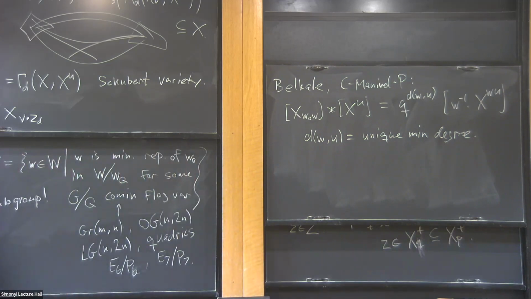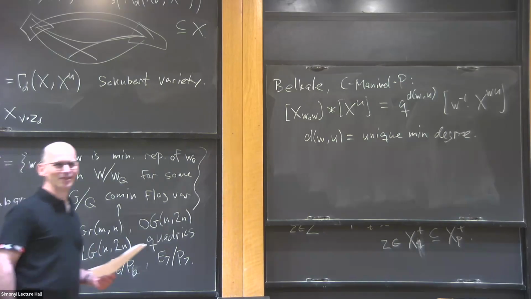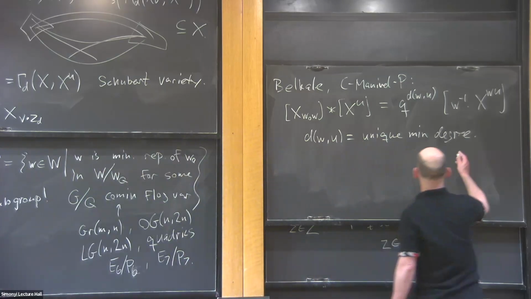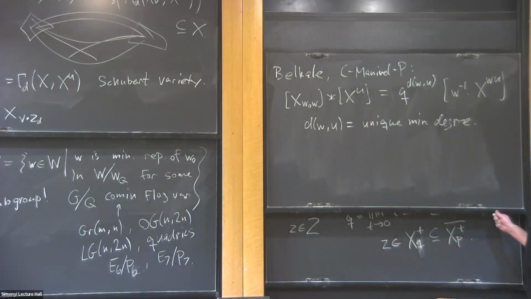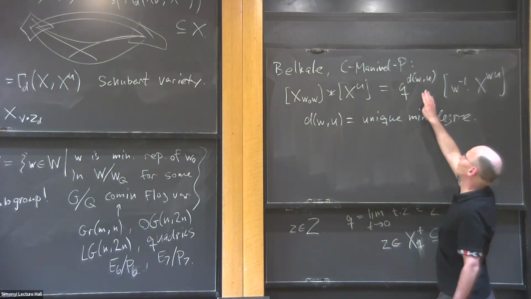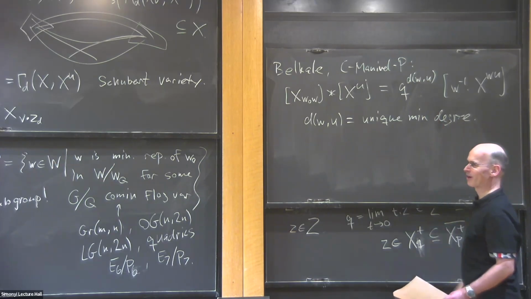That was proved by Fulton and Woodward, and for the minimal degree, Postnikov. Yes, we used results of Postnikov and Fulton and Woodward, and Leonardo and Juan Chung. There's always a unique such degree, but in this case it also follows because there's only one q power.